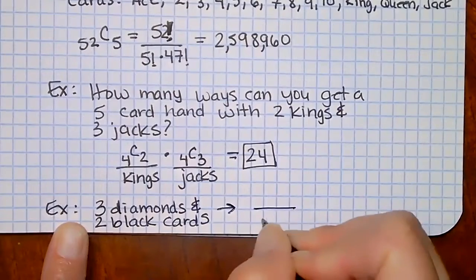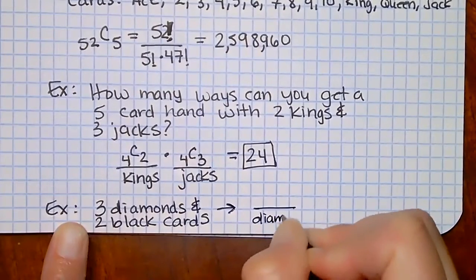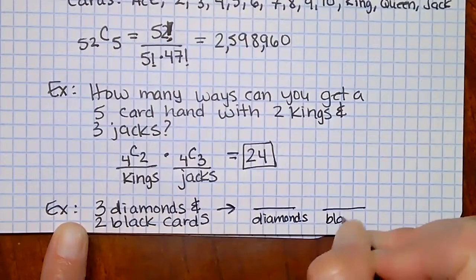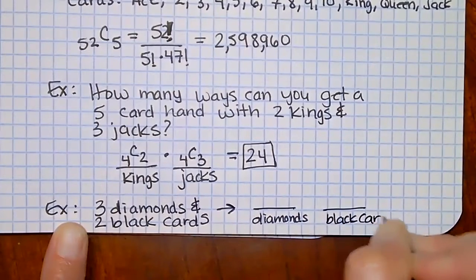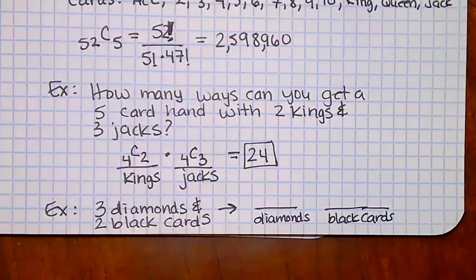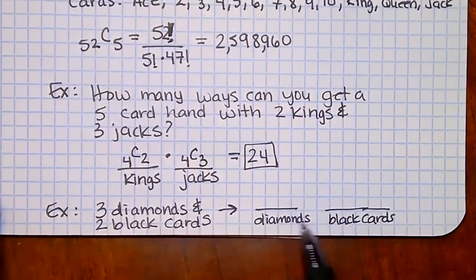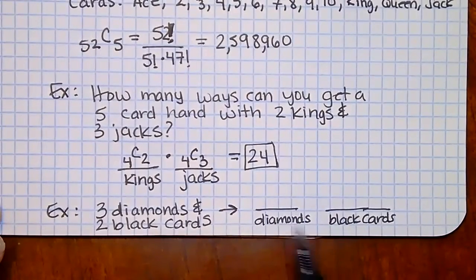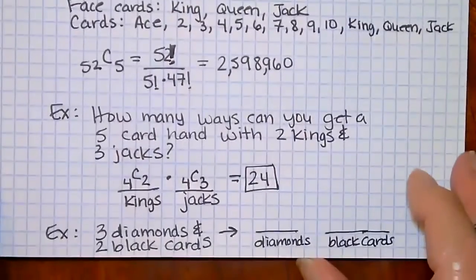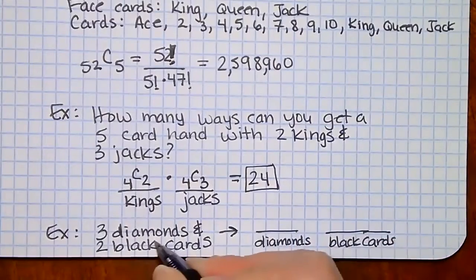So my diamonds and my black cards. Okay, so again, how many different ways can I get my diamonds? Well, how many diamonds are there? Well, there are 13 diamonds, okay? And how many diamonds are we trying to get? We're trying to get 3.